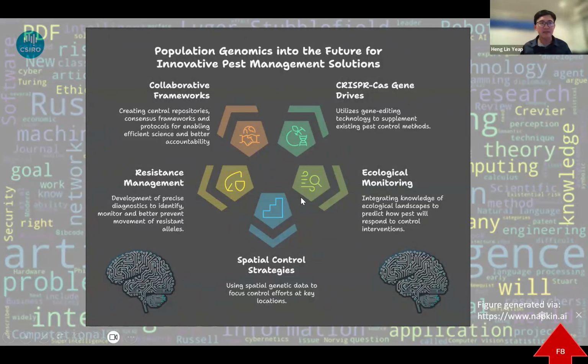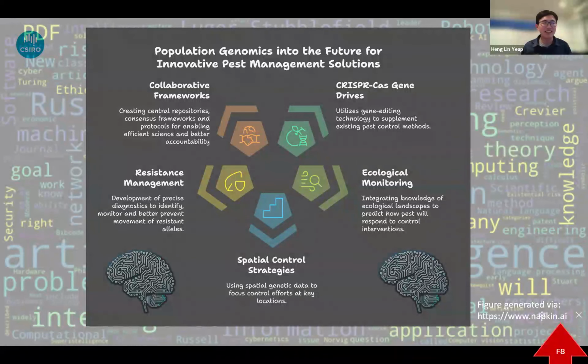With the ever-growing data volume and methodology, there's a need for people to band together to create frameworks such as standardized repositories and protocols so that we can leverage the new age of technologies and enable efficient science and better accountability.